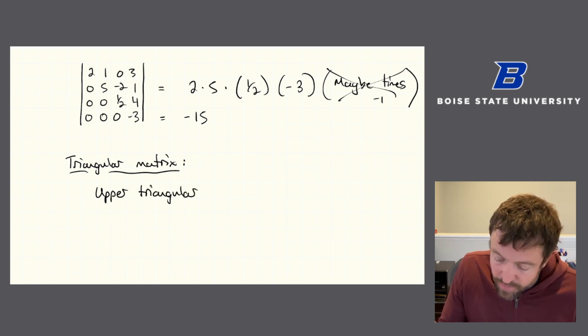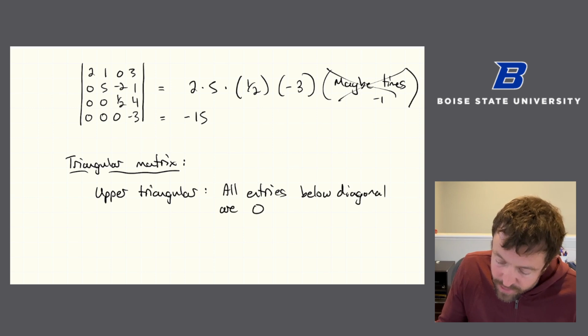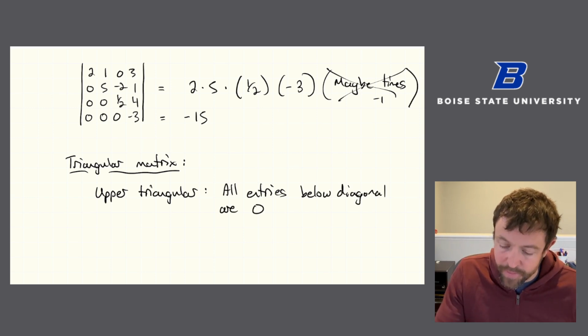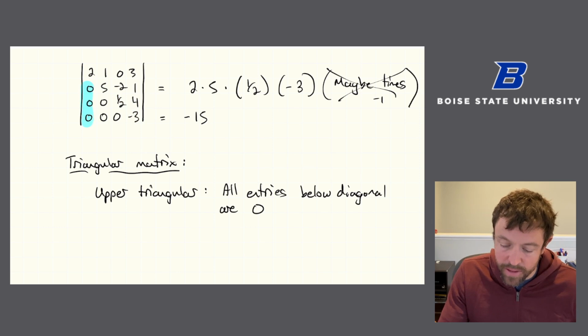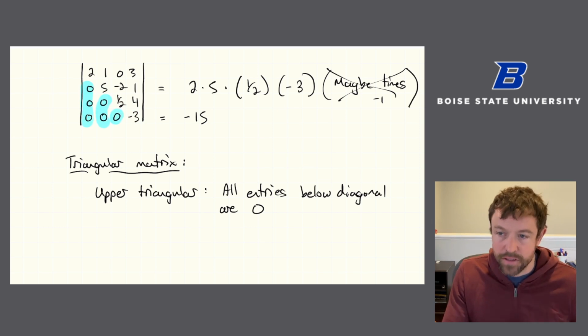An upper triangular matrix, all entries below the diagonal are 0. Right, so the diagonal is these entries, and everything below the diagonal is 0.